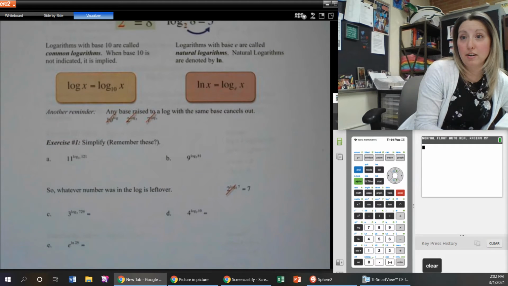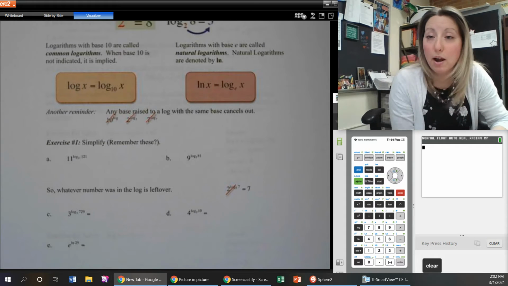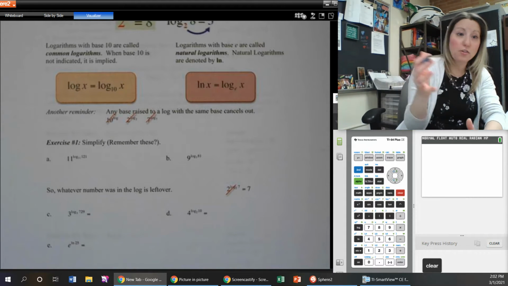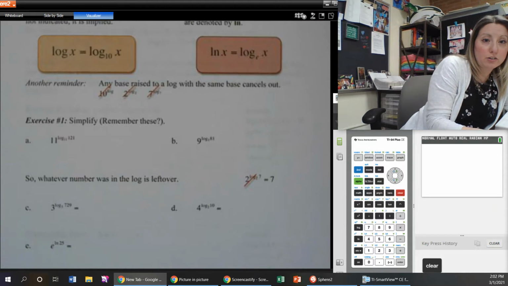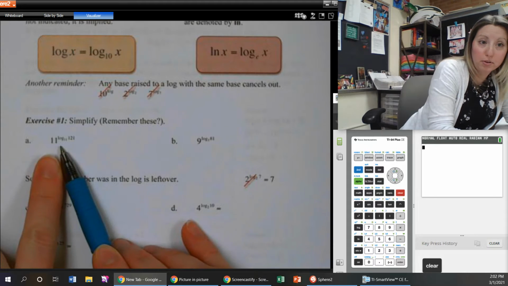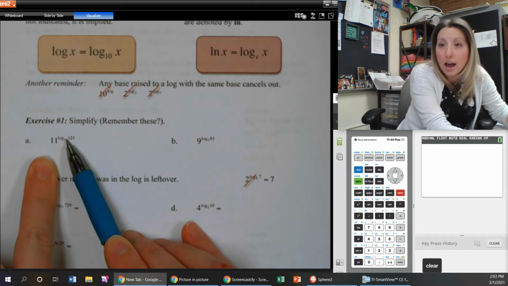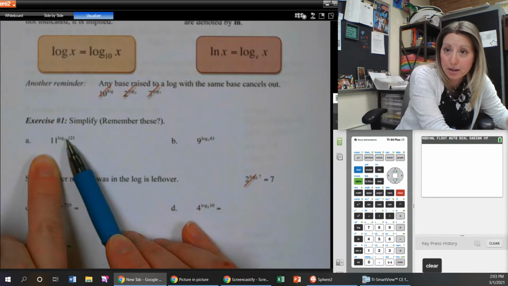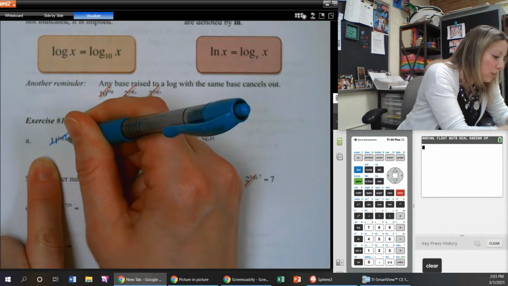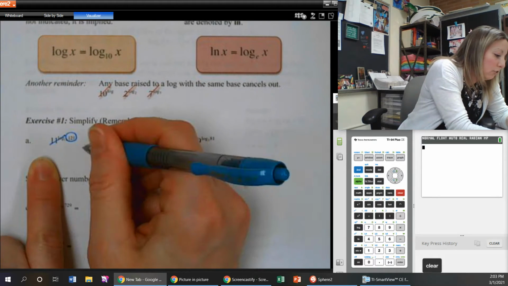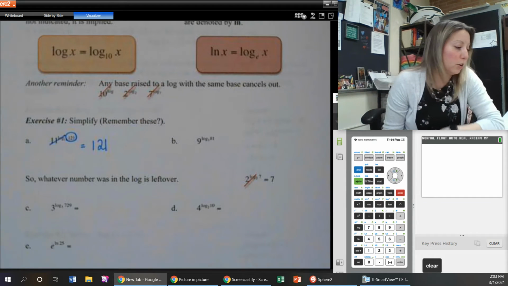Oh, another reminder. Raising a base to a log with the same base cancels out. That's another quick reminder. So in exercise 1, we'll think back to when we looked at these a couple of times. If you have a base raised to an exponent that has a log with the same base, then these two things actually cancel each other out, and whatever the answer is in the log is actually the answer to evaluating or simplifying this particular problem.